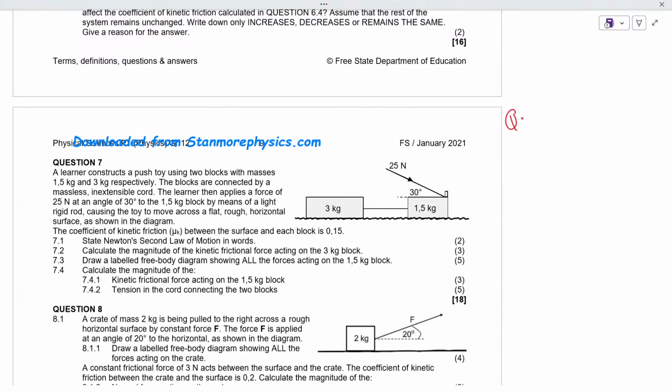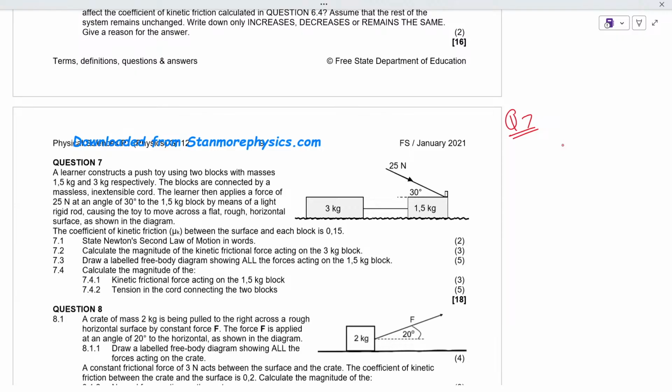It says that Elena constructs a push toy using 2 blocks with masses 1.5 kg and 3 kg, respectively. The blocks are connected by a light rod.